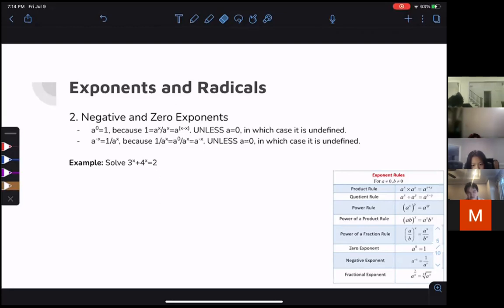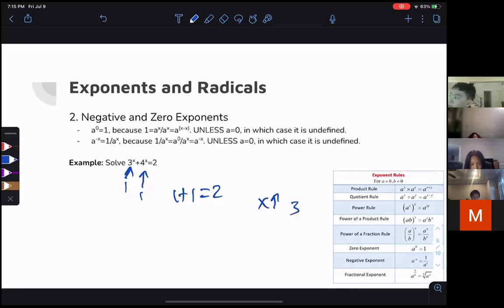All right, the answer is 0. You can probably notice that when x is 0, both of these would be 1, and then they add to 2, of course. The reason this is the only solution is that the exponentials are monotonic increasing, which means when x increases, so does 3 to the x, and so does 4 to the x.